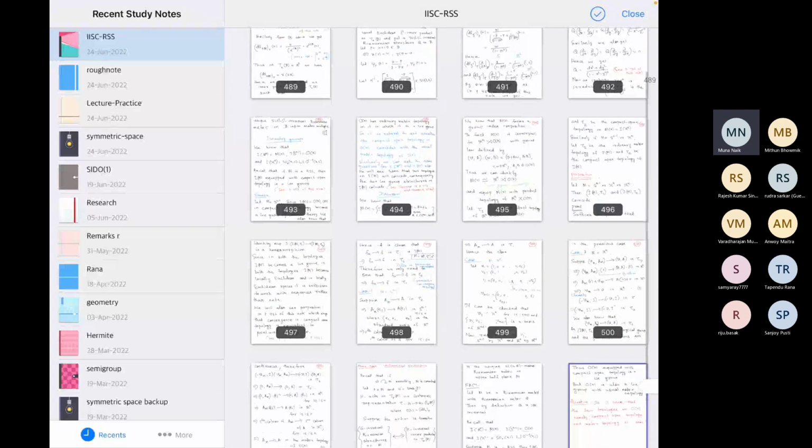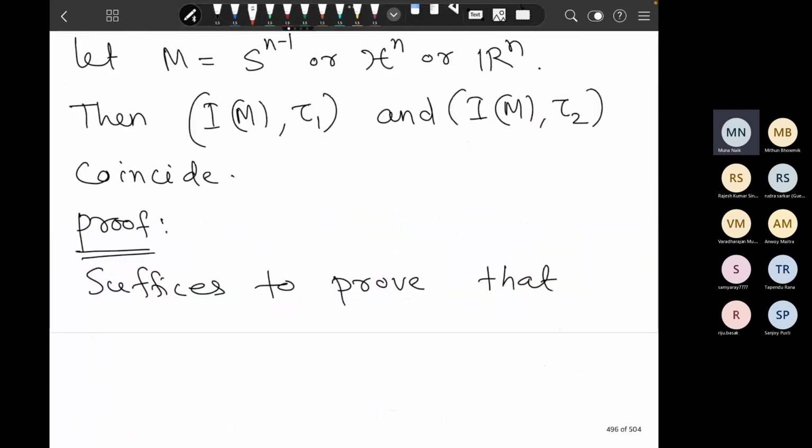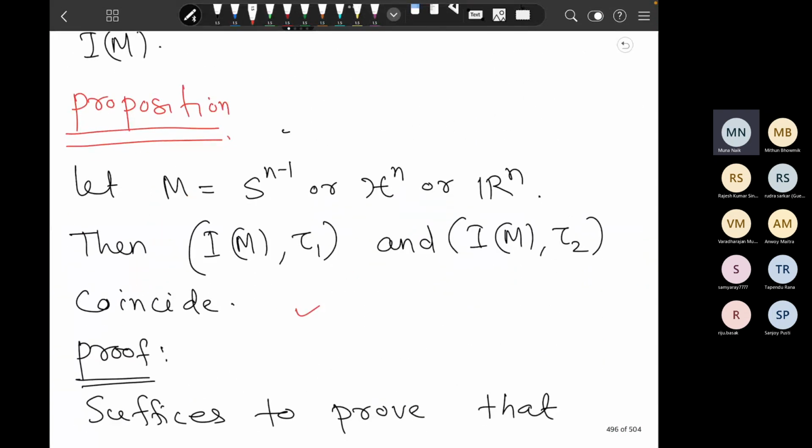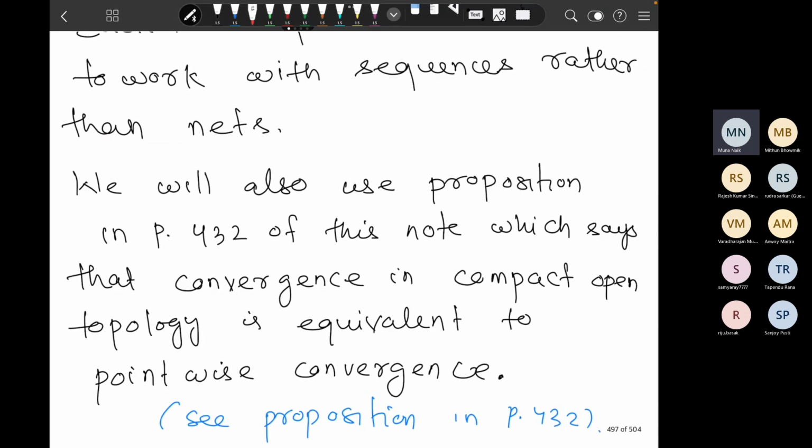This is my proposition. You can read it, and in case you have any question or query, you can ask me. So now we come back to.